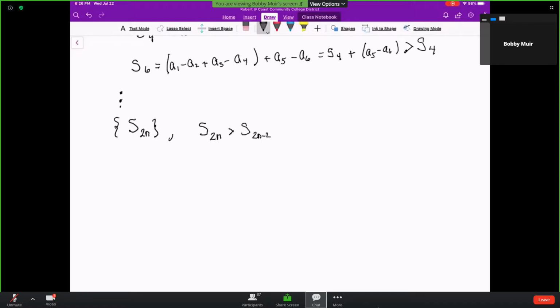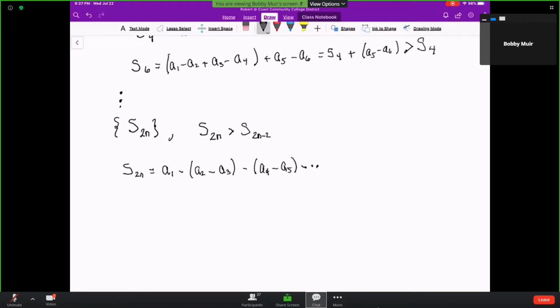Now S sub 2n, that's A1, then minus A2 plus A3. See what I'm doing here with the distribution? Minus A4 minus A5.